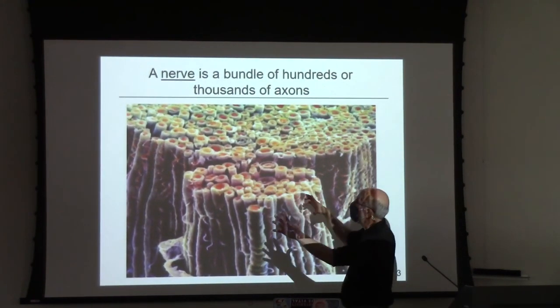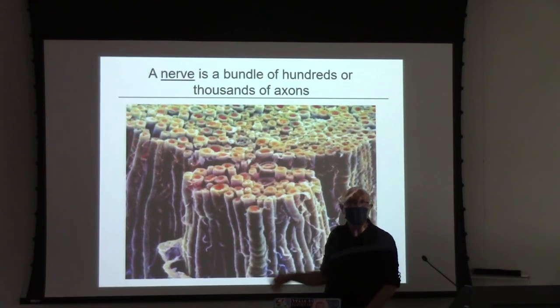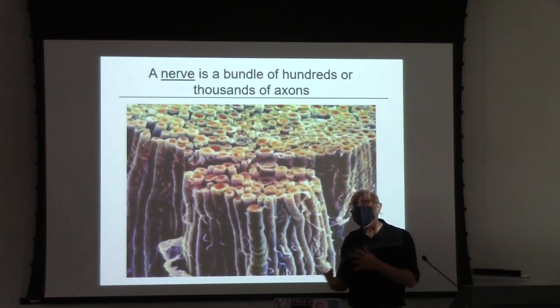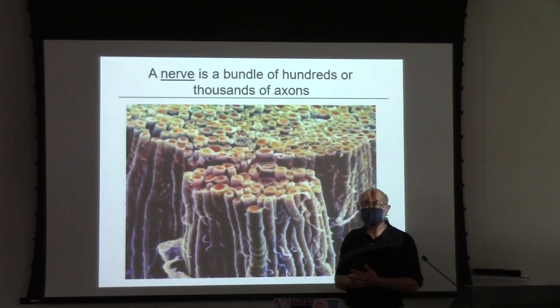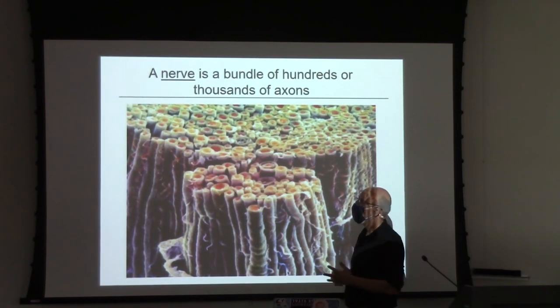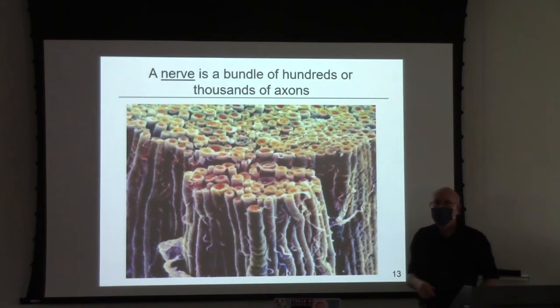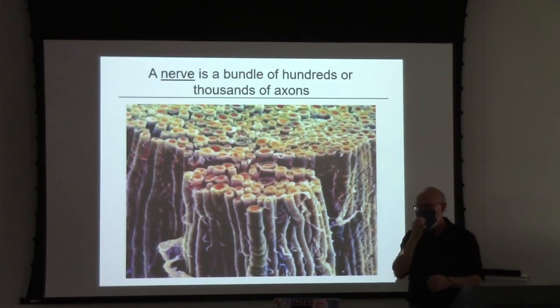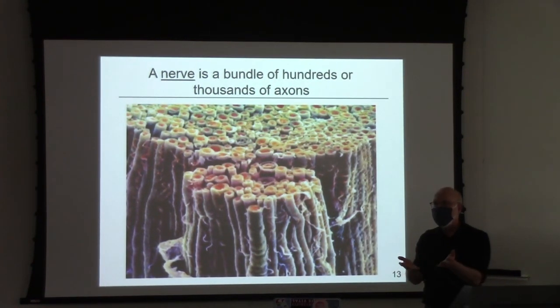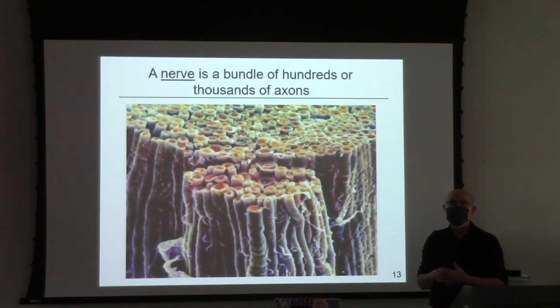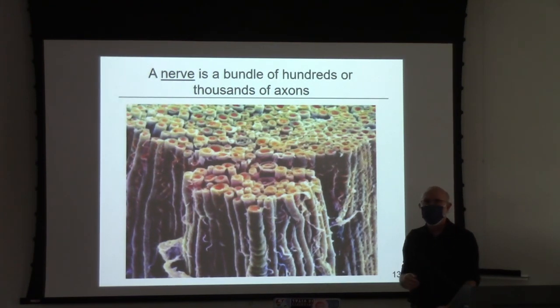And the size and the thickness of the myelin factor into the speed of conduction of a nerve cell in this nerve bundle. Don't confuse a nerve that we see with one axon. We cannot see one axon with our eye. Even one of those small nerves that we saw in the cadaver is a bundle of hundreds of axons.